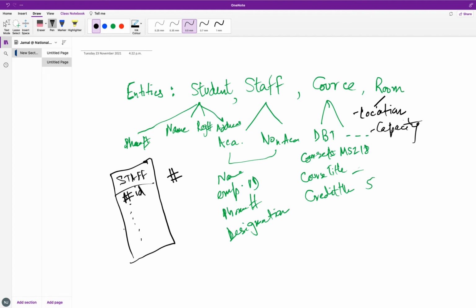Okay. Other than UIDs, you have mandatory attributes and you have optional attributes. For example, the name of that particular staff is obviously mandatory. You cannot expect that you are hiring some employee and you don't know what his or her name is, right? Similarly, in a banking application, you cannot open a bank account without the title or name of the customer, right?